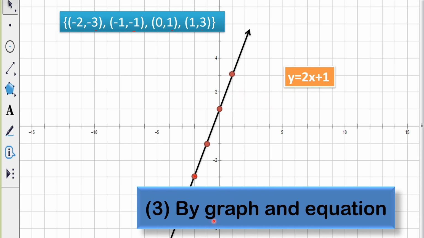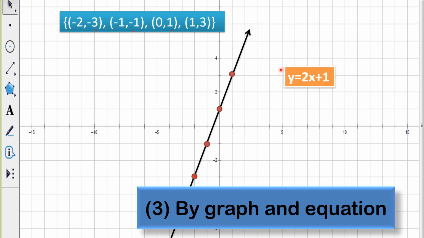But I am just telling you that this relation can be represented via graph and equation. So, not all the time, ganito yung format ng relation, but most of the time, ito yung ipapakita ko. Graph and equation.